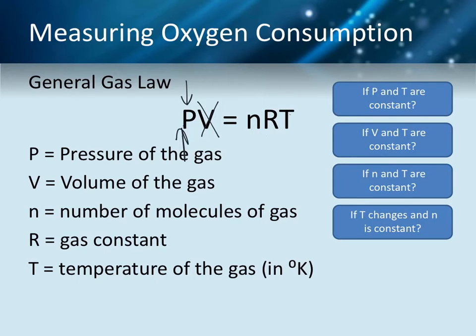Next one, what if the number of molecules, the N, and the temperature are constant? So we're getting rid of everything on this side of the equation. Well, lots of different things can happen here. If we increase the pressure on the container, the volume on the container is going to decrease.